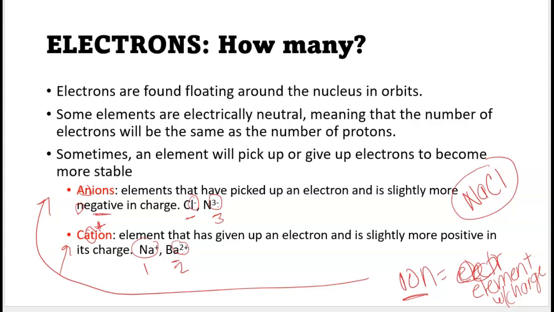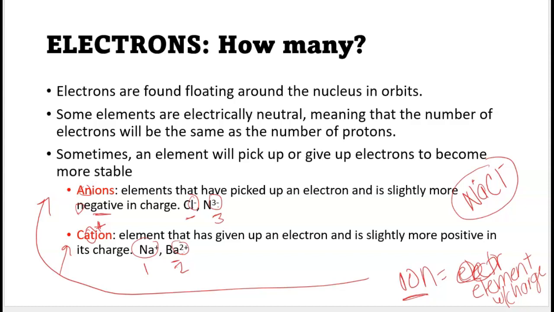The sodium, remember sodium is +1, is going to give one of its electrons to chlorine, making it -1. That interaction between the two is what allows those two to become chemically bound together. And we'll talk a lot about that in the next units.